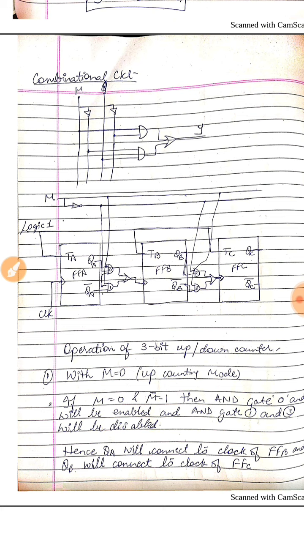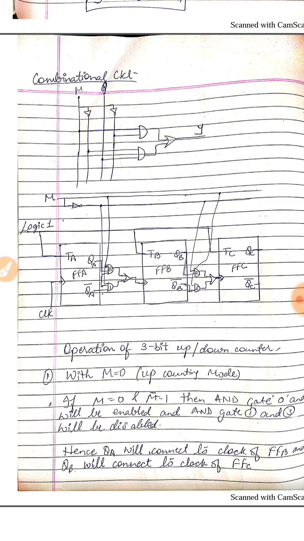So this is how other things would remain the same. If m is 0, it will work in up counting mode, so everything will remain the same as we have already seen in the up counter. And if m becomes 1, it becomes a down counter. So using some combinational circuit, we have reduced the number of flip flops to be used.